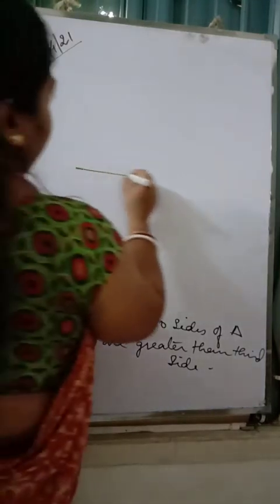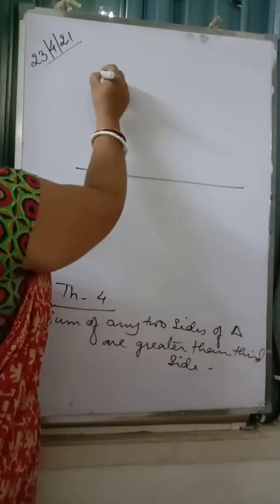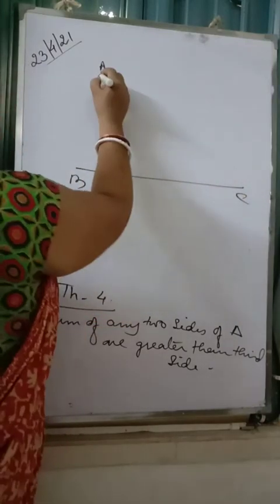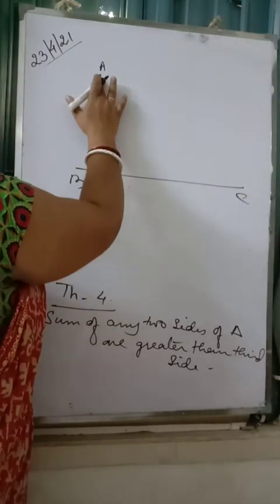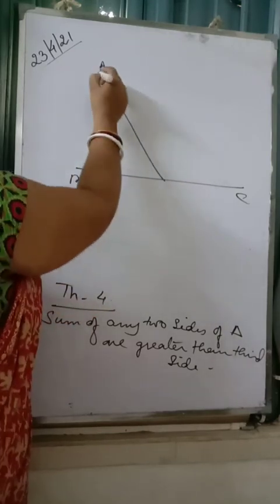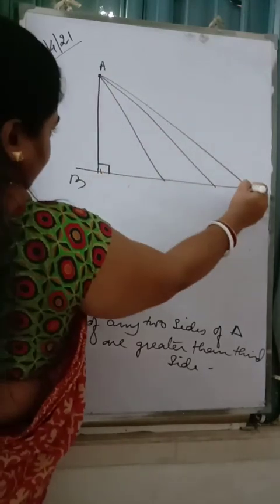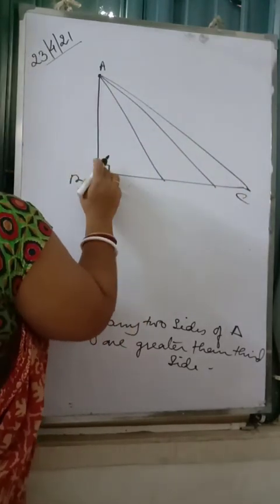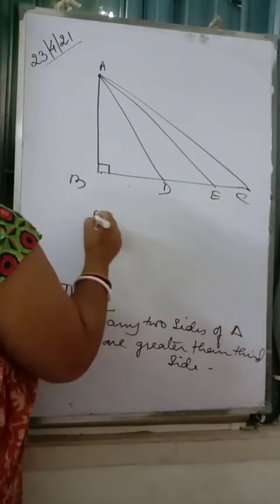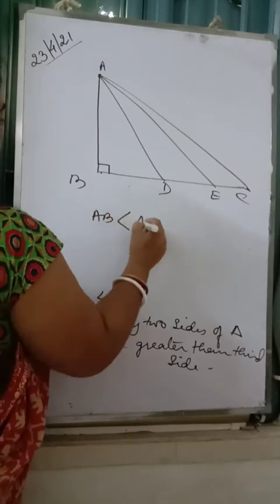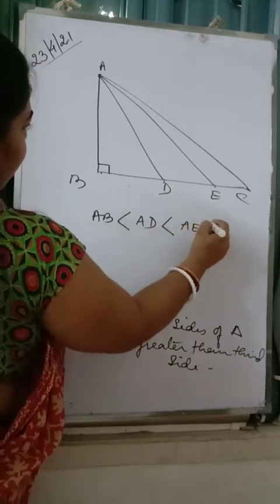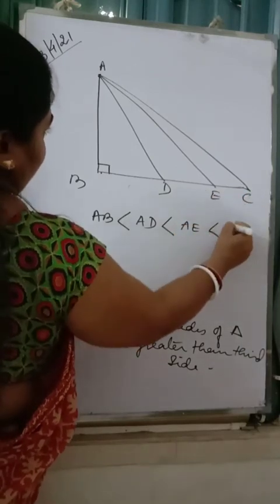If there is a line and lines are drawn from a point A, one of them at 90 degrees, then whatever lines I draw, this would be the shortest. AB would be the shortest, AB is less than AD, AD will be less than AE, and AE will be less than AC.